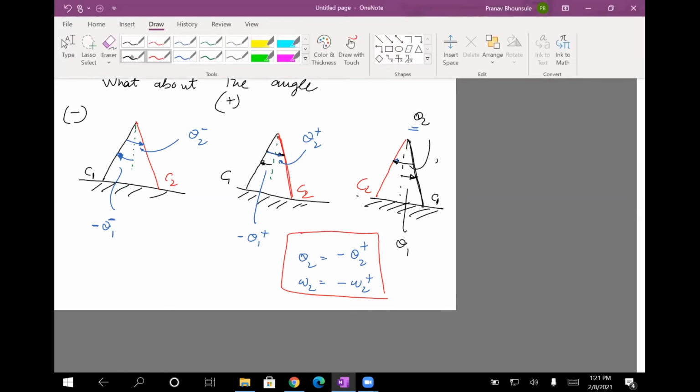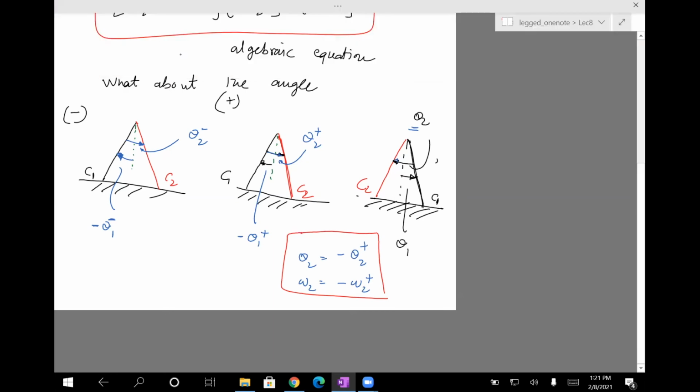Next we need to find a switching condition for theta 1. For that, we note that this is the angle made by the stance leg with the vertical, so that's theta 1. And then we try to see the same angle on this side, so it's basically going to be this angle.